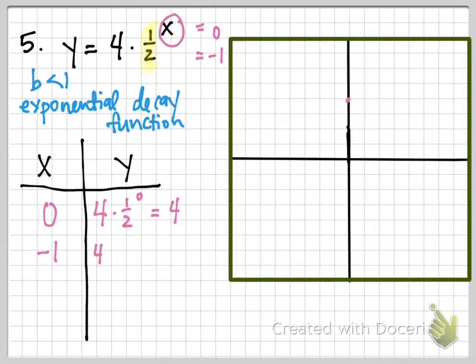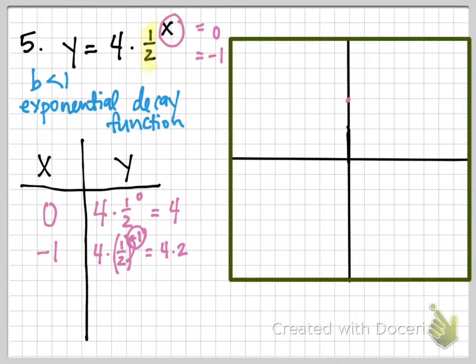It would be 4 times 1/2 to the -1. And 1/2 to the -1 is the same thing as saying 4 times 2, because if I have this -1, this would now switch places, and the 2 would come to the top.